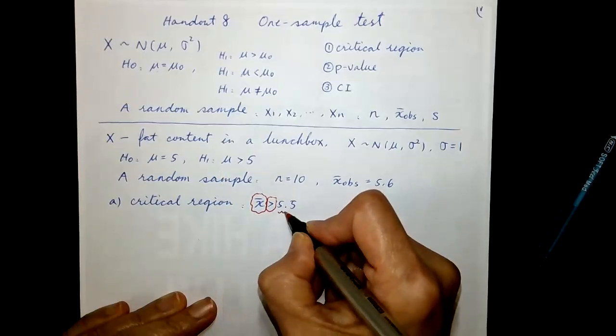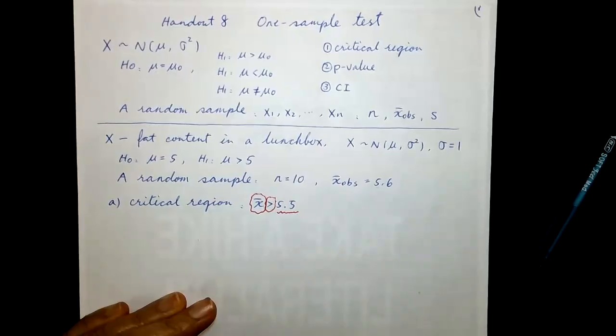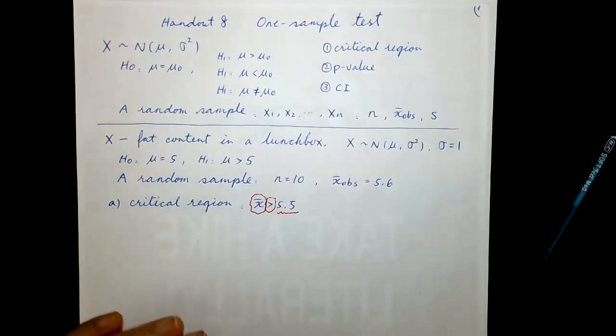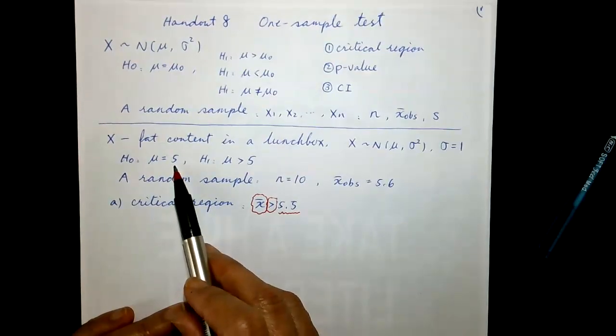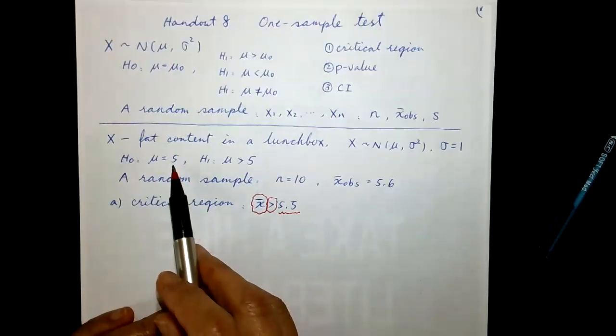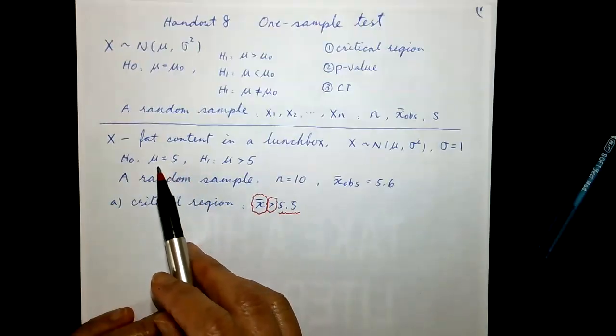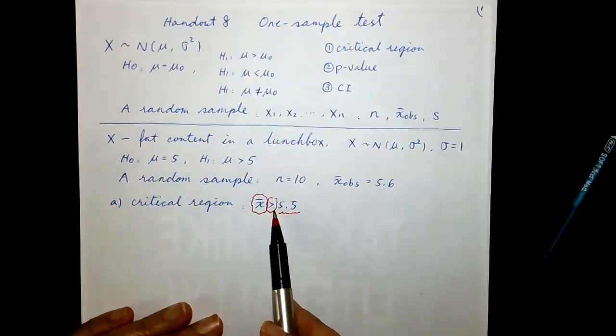Then this value, 5.5, is given to you because it's just a start. Why is it 5.5? Can it be 5? It can never be 5. You cannot choose exactly the same value as the hypothesized value in your null hypothesis to be the critical value in your critical region, because we always need to give a margin.